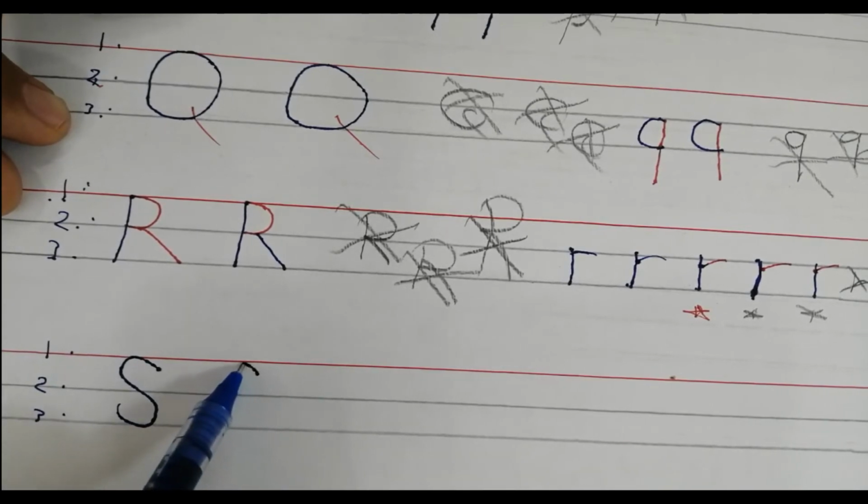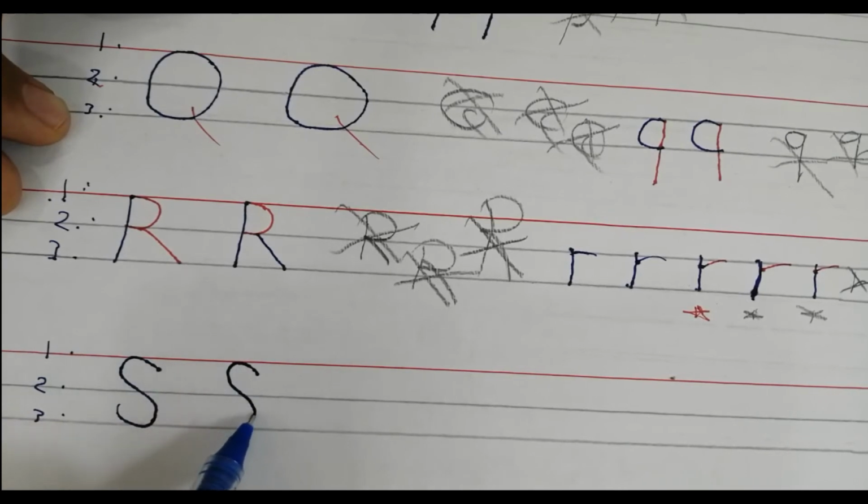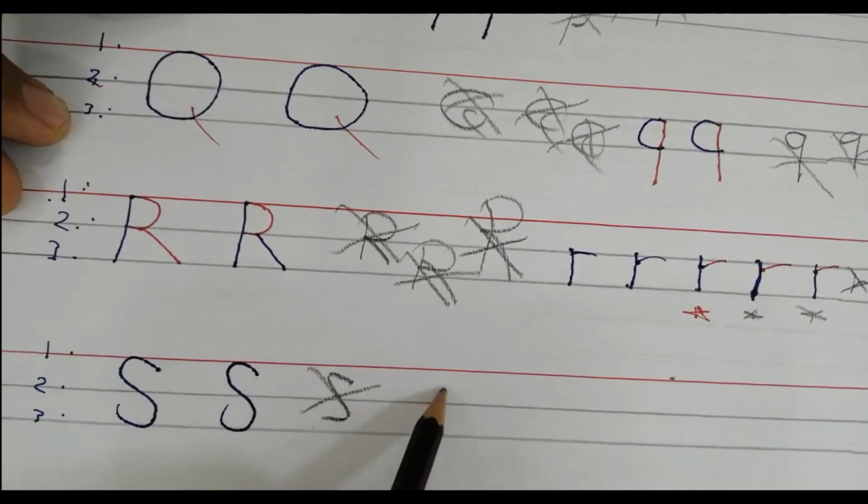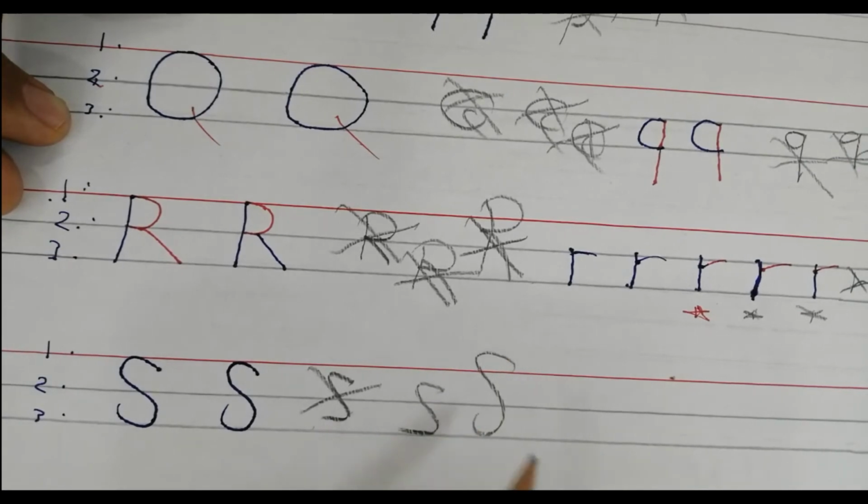It's like a snake here. One, going to line number 2, sleeping on line number 3, and up again. No one make it like that inside, not acceptable.